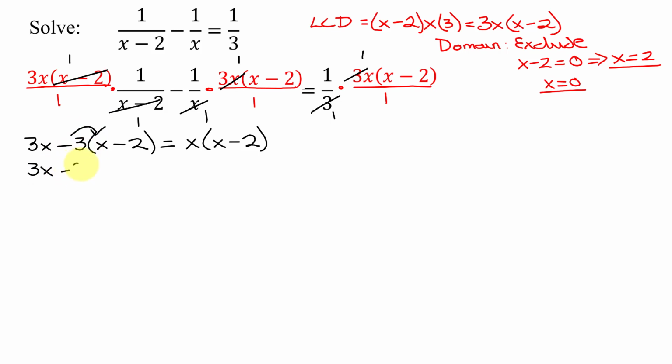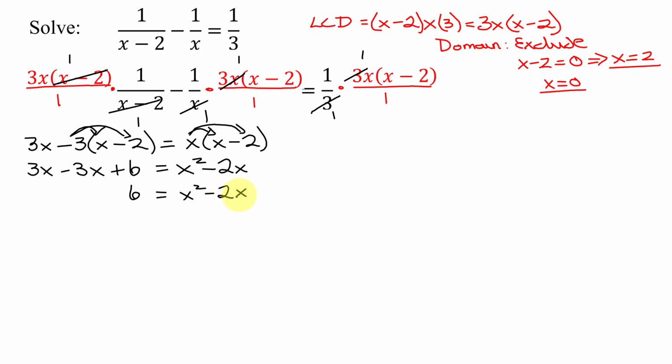Negative 3 times x is negative 3x. Negative 3 times negative 2 is positive 6. Equals, distribute the x into this parentheses, x times x is x squared, x times negative 2 is negative 2x. On the left-hand side, 3x minus 3x is 0, so I just get 6 equals x squared minus 2x.